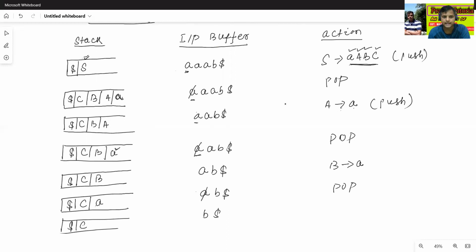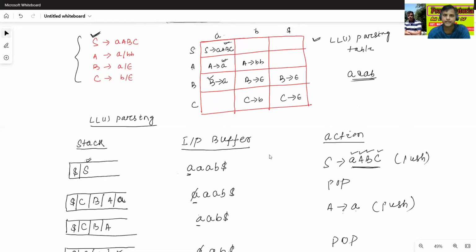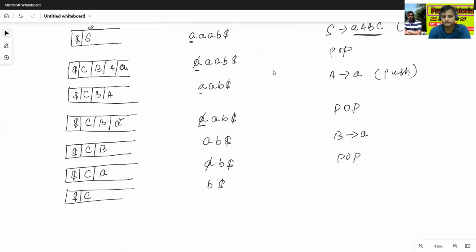C on B, capital C on B. Just check the table. Here, C to B is the production. So now we'll push this B in the stack.